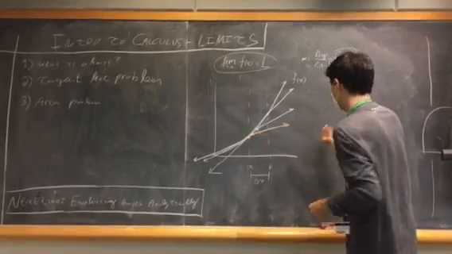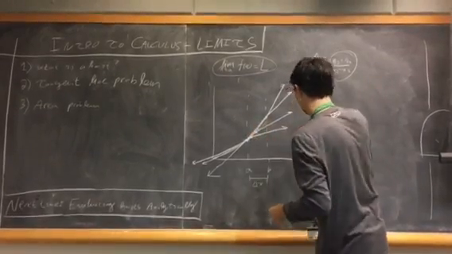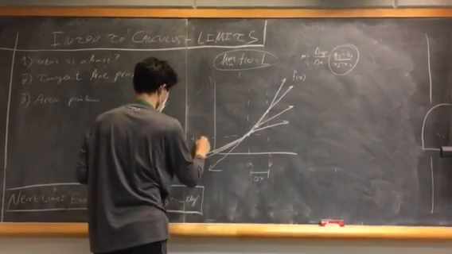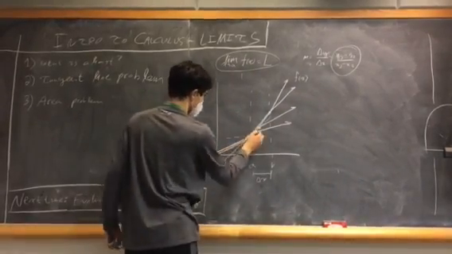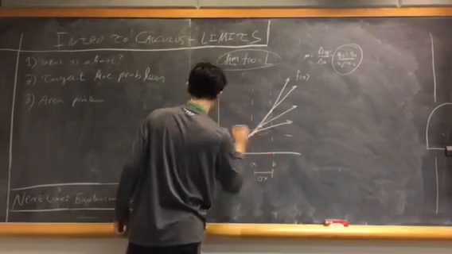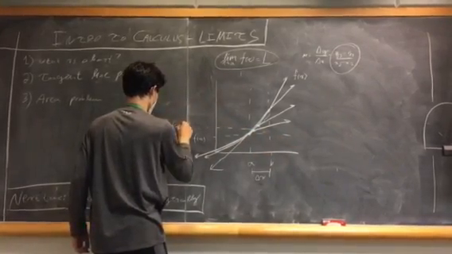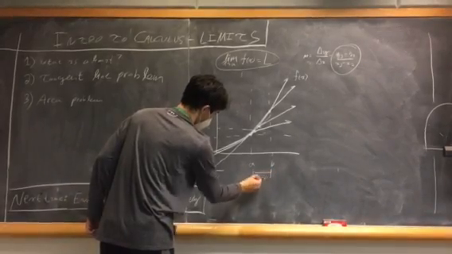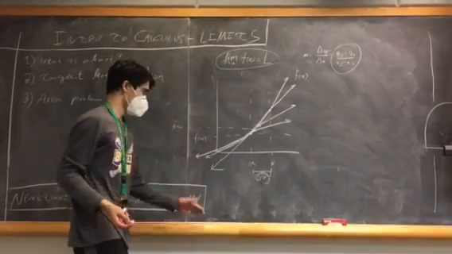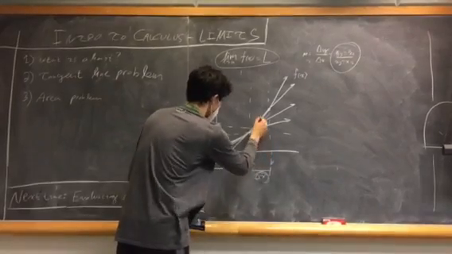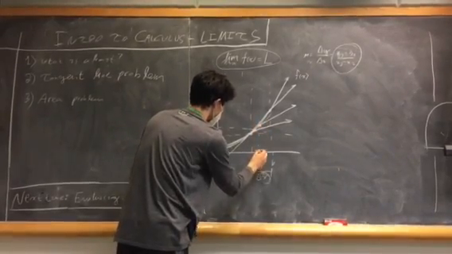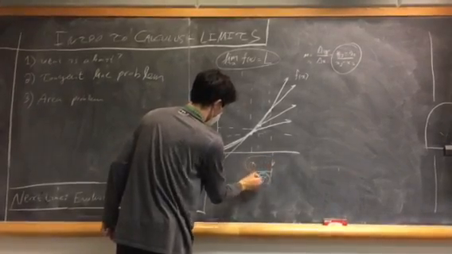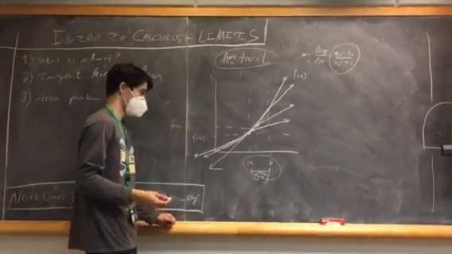So the y value of the function at a would be f of a, and the y value here would be f of a plus delta x, because the x value here, which we call b, would be a plus the distance between a and b.